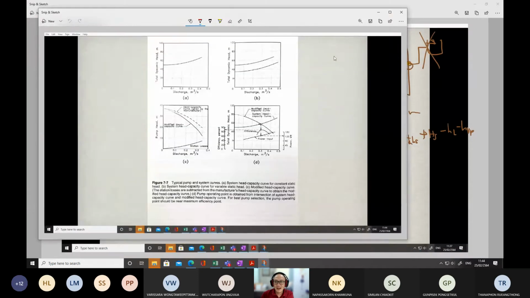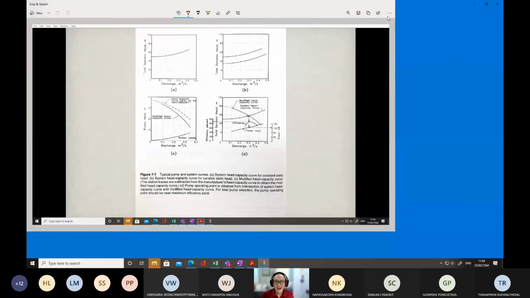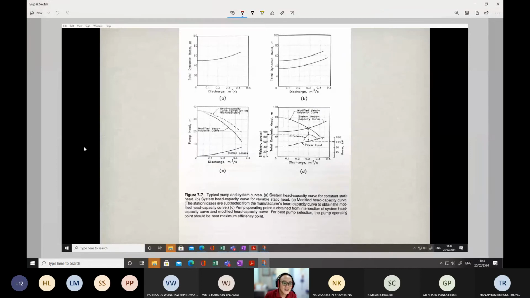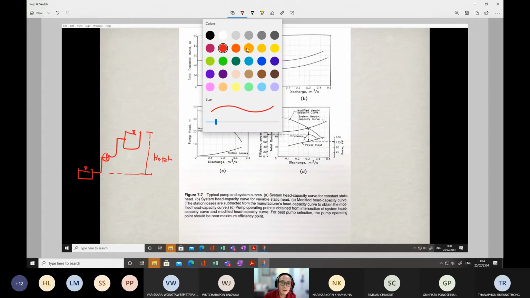The total dynamic head you have to base on the fact that when we pump the water from the lower reservoir to the upper reservoir, initially the static head is like this. This is the static head. But after pumping, what will happen to the water level?